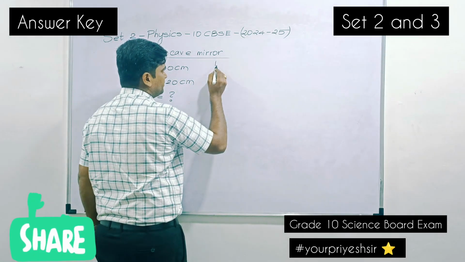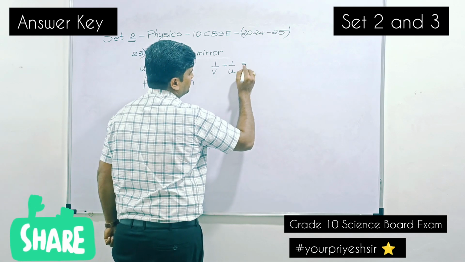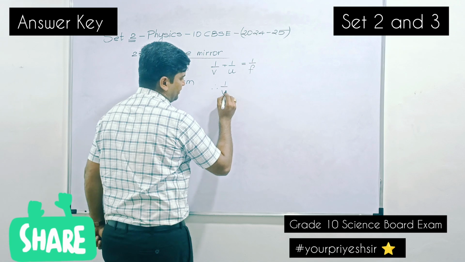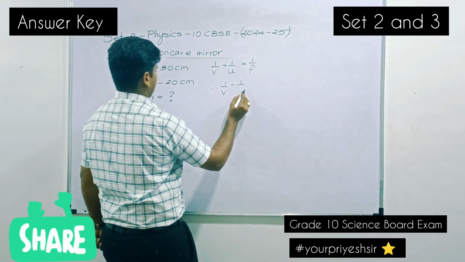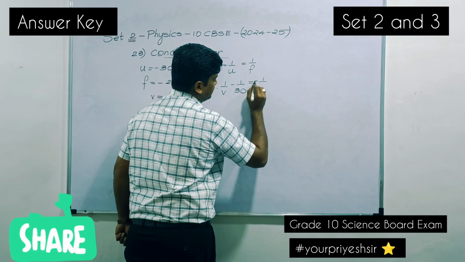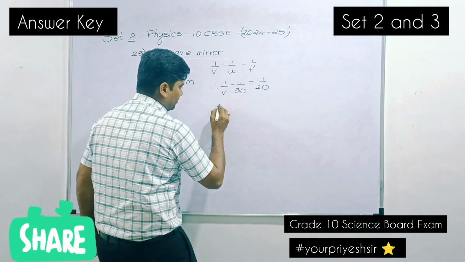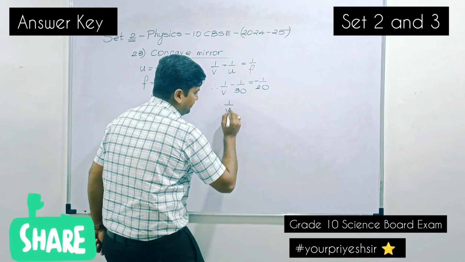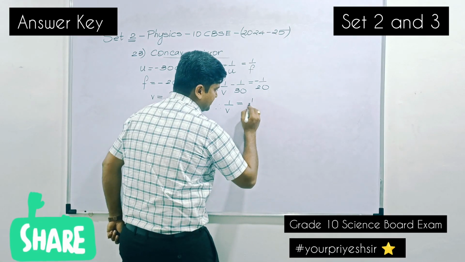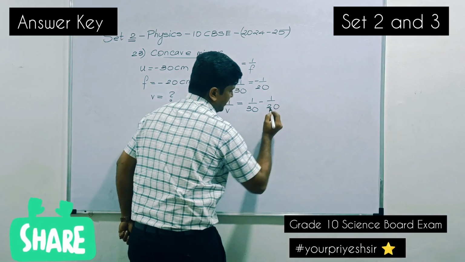No problem. It's 1 by V plus 1 by U is equal to 1 by F. So, therefore, 1 by V minus 1 by 30 is minus 1 by 20. Fine. Okay, so I'll keep 1 by V. I'll take minus 1 upon 30 that side to get it plus minus 1 by 20.